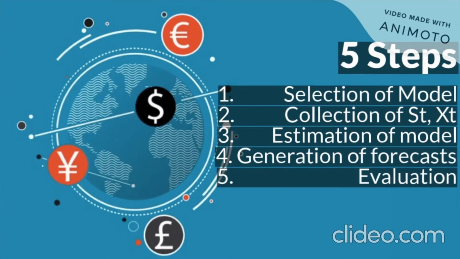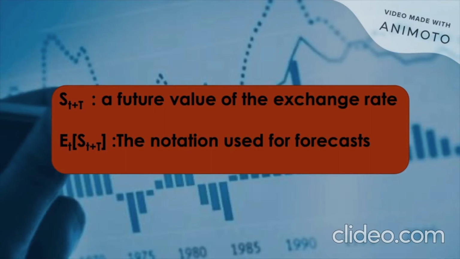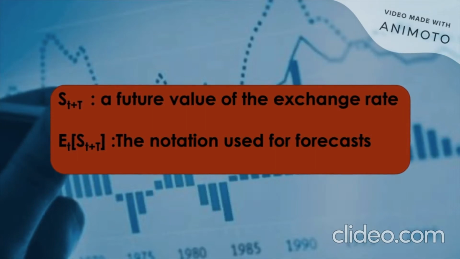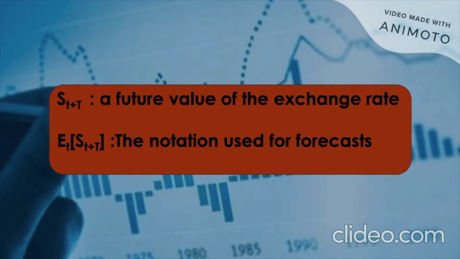In this presentation, we will forecast the future value of the exchange rate. The expectation is constructed using an information set selected by the forecaster. The information set should be available at time t.